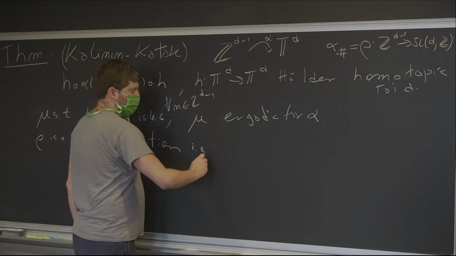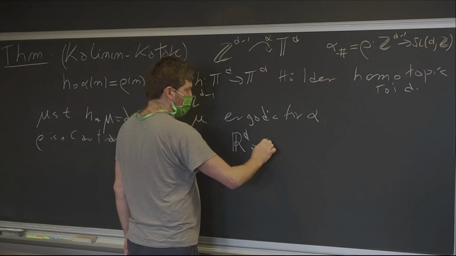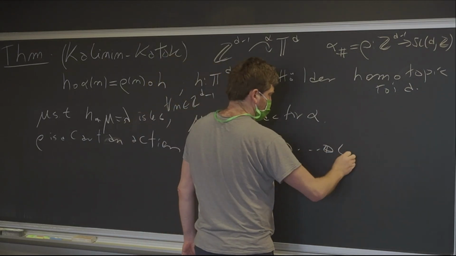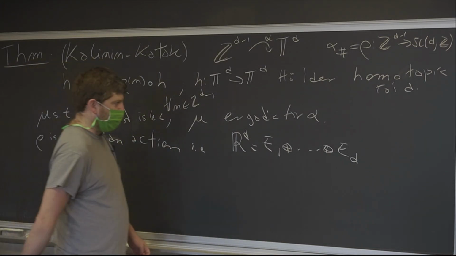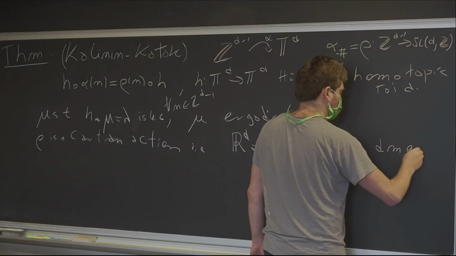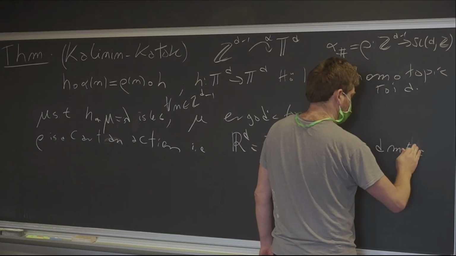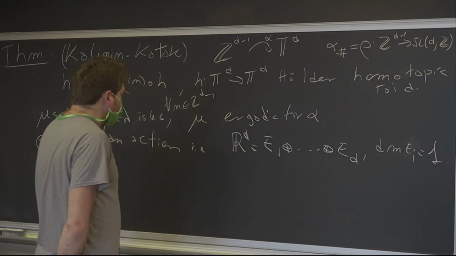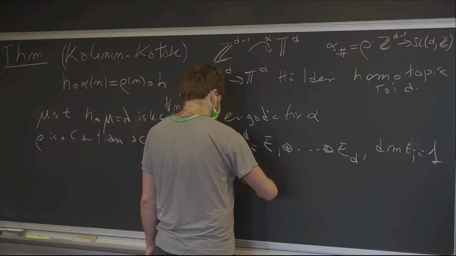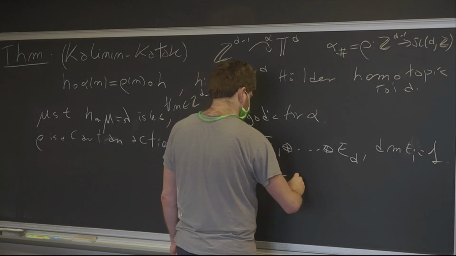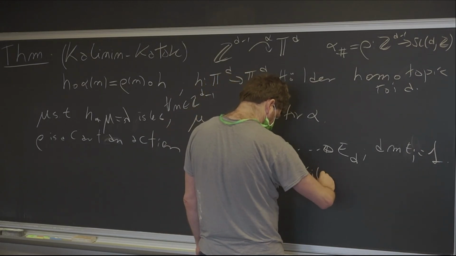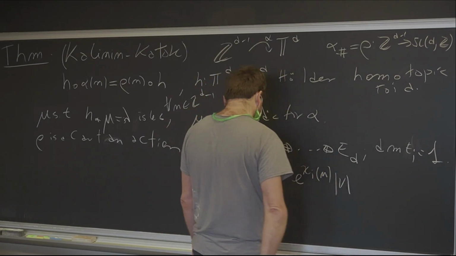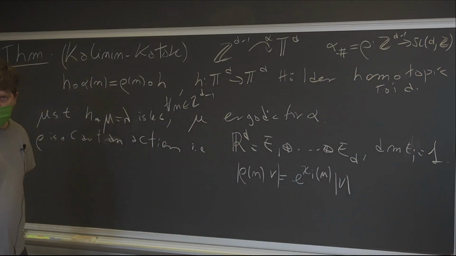Which means R^d splits as d one-dimensional spaces. And to be Cartan, you just require this, even though I wanted it without the absolute values or without the norms, which is pretty much the same.